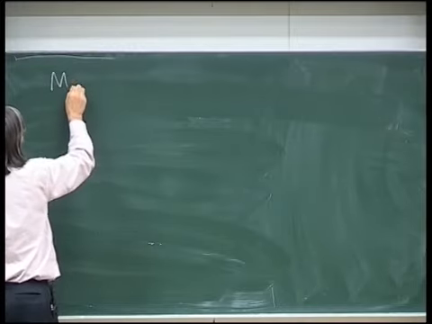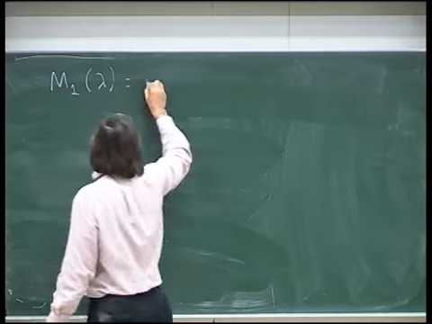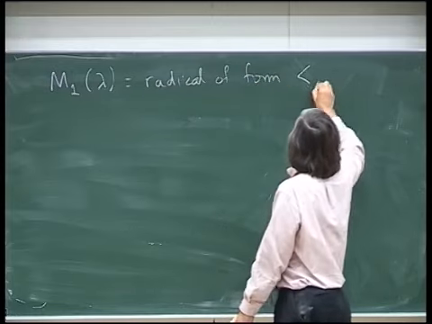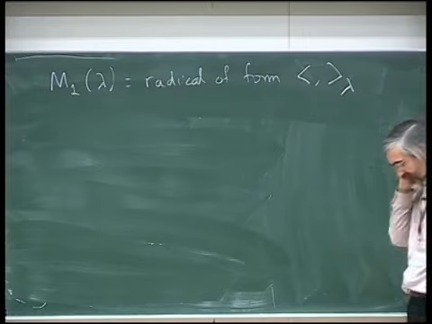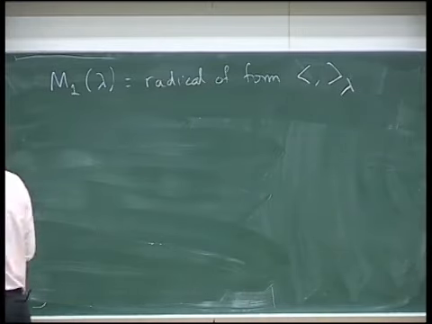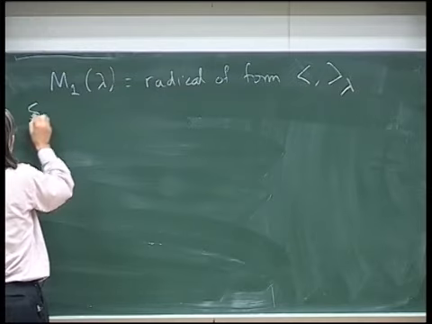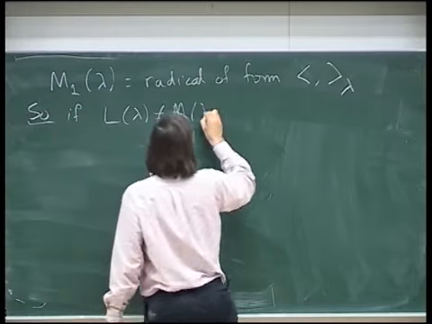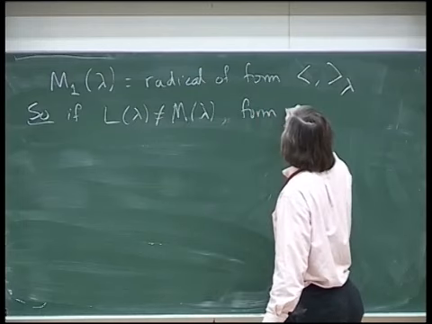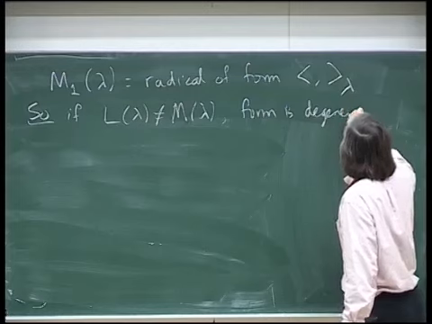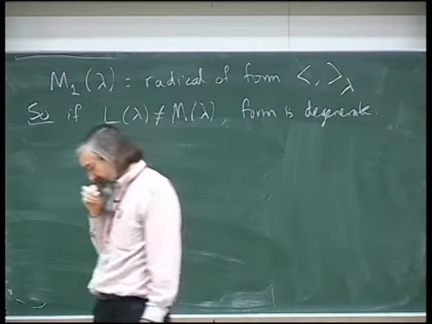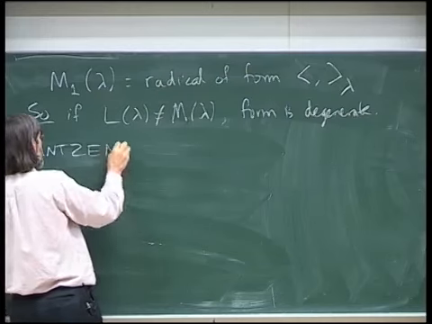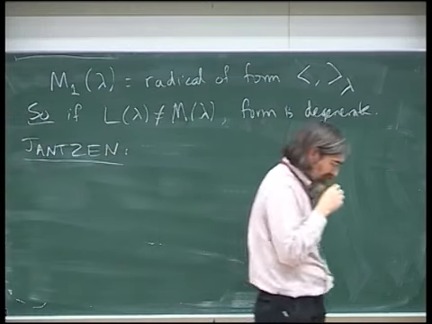What happens is that this M1 of lambda is exactly the radical of this Shapovalov form. And so in particular, if L of lambda is not the same as M of lambda, then the form is degenerate. So what do you do? Well, Jantzen long ago told us what to do.